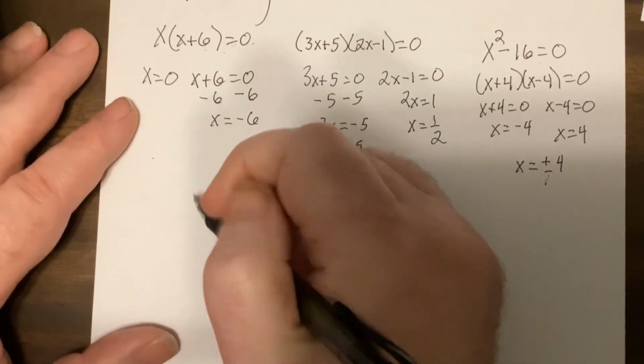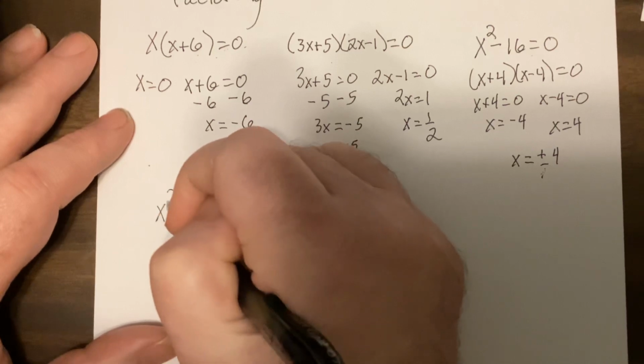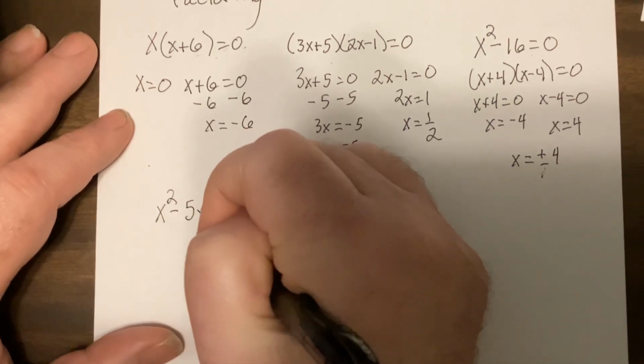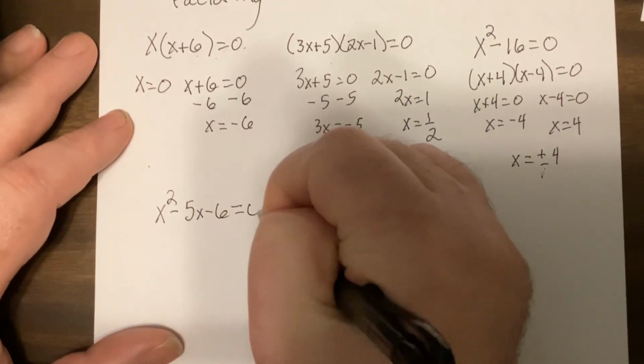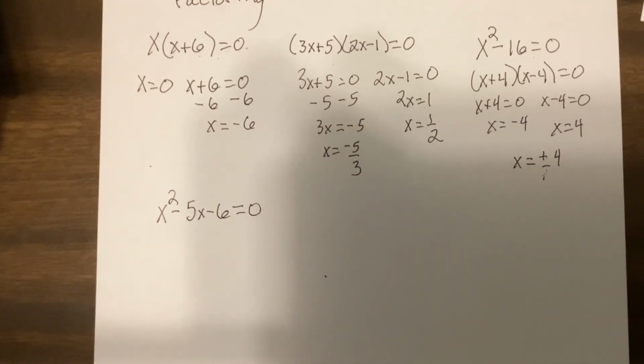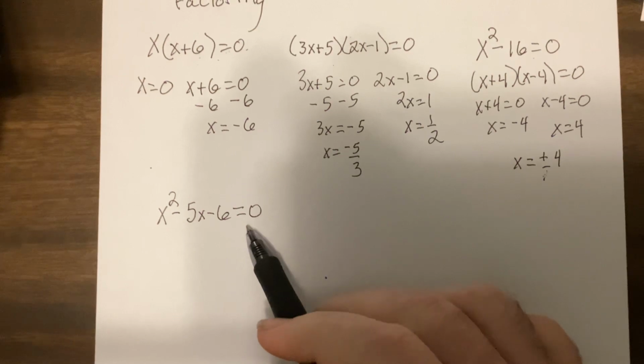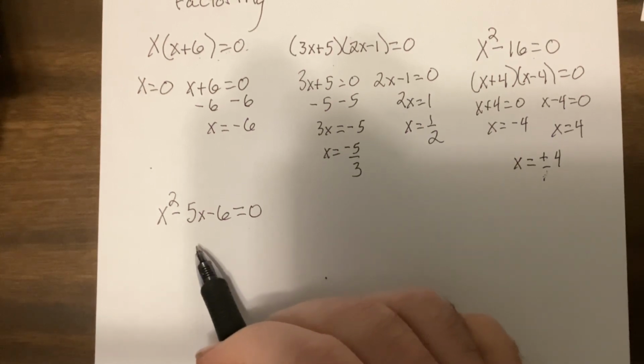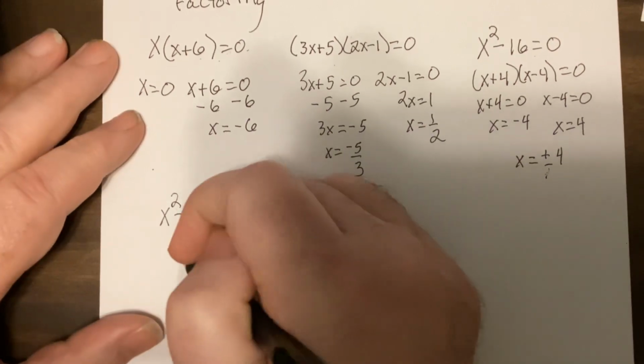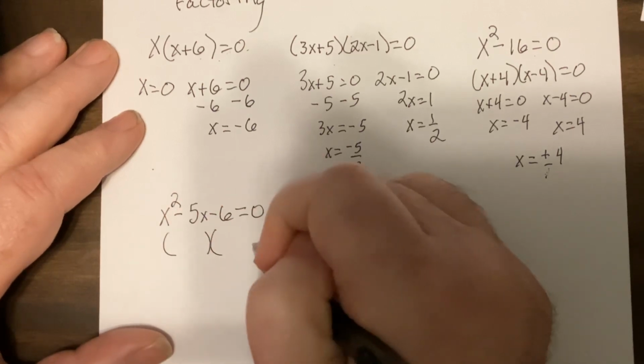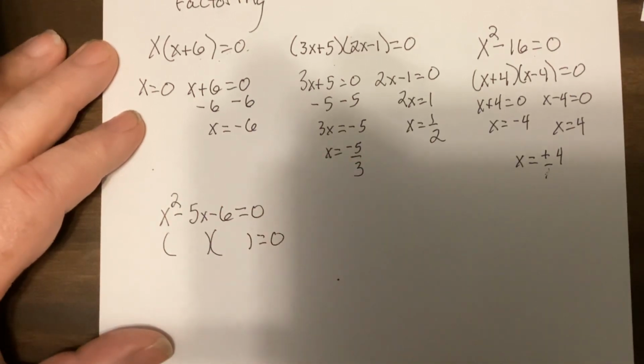So let's say we have this one. x squared minus 5x minus 6 equals 0. So you would say, do I have something equal to 0? Yes. Do I have a product? No. So we have to get a product, and you get that by factoring.